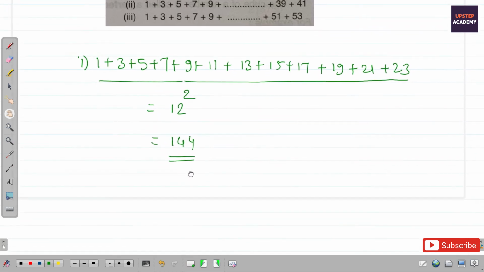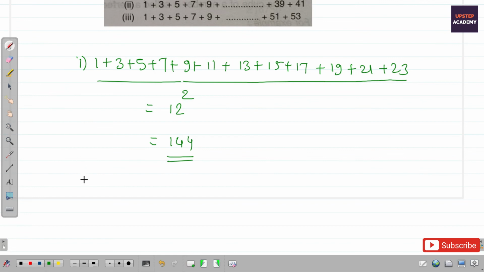Let's solve another one. The third one: 1 plus 3 plus 5 plus 7 plus 9 plus dot dot dot up to 53.